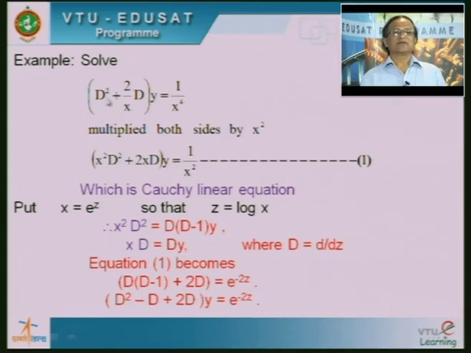It means we can write d square y upon dz square, but the coefficient of d square is not x square, and similarly the coefficient of d is 2 by x. So, clearly the given equation is not a Cauchy linear equation.